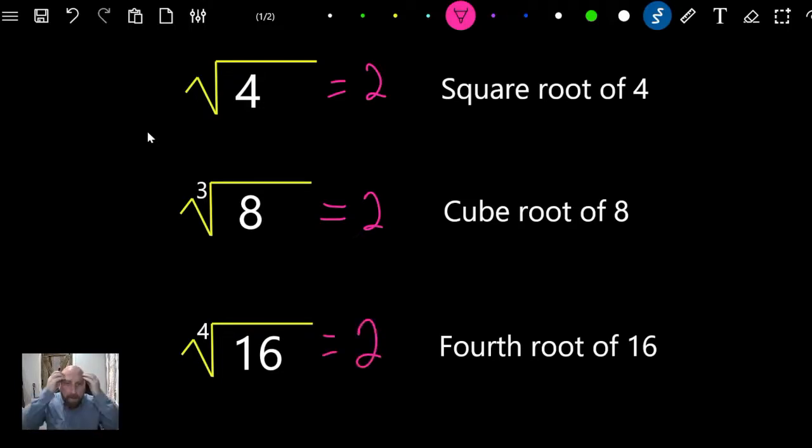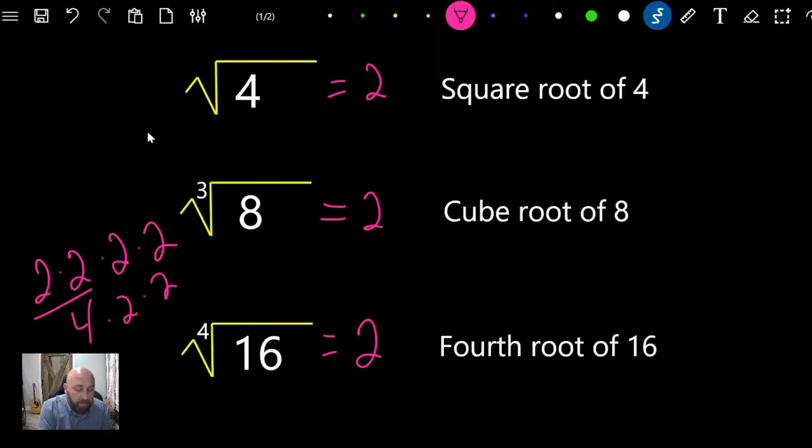Some of you are just like, you don't even know what just happened right there. Okay, watch this. 2 times 2 times 2 times 2. 2 times 2 is 4 times 2 times 2. 4 times 2 is 8 times 2. 8 times 2 is 16. There's our original number. We're back to the original number again, just like in the last two examples.